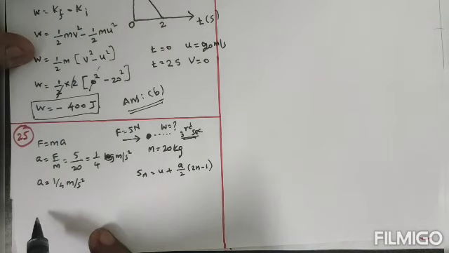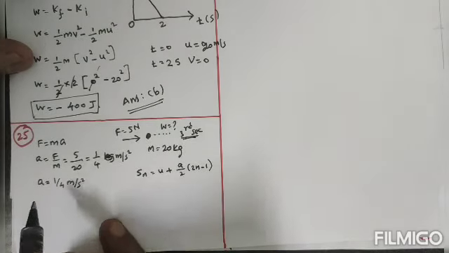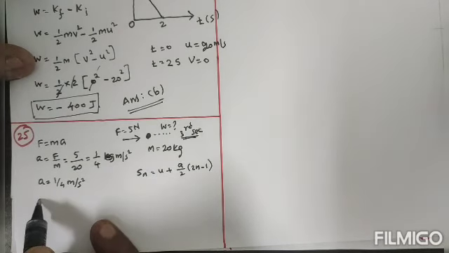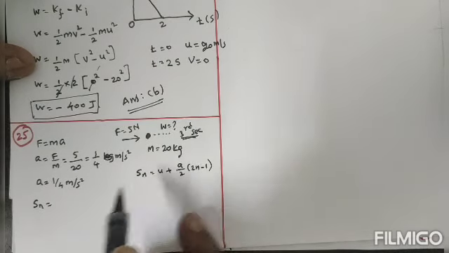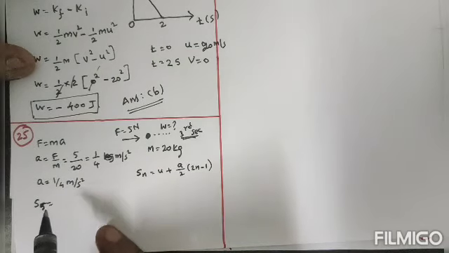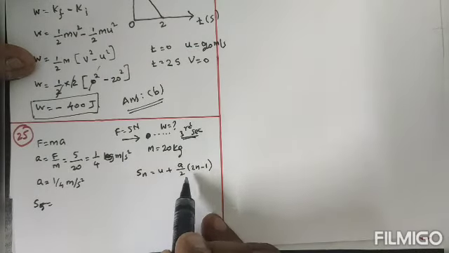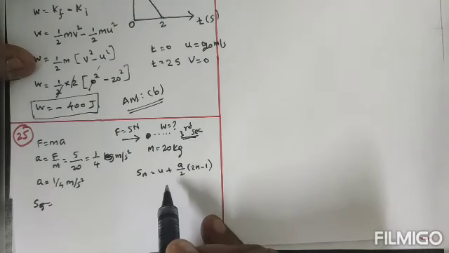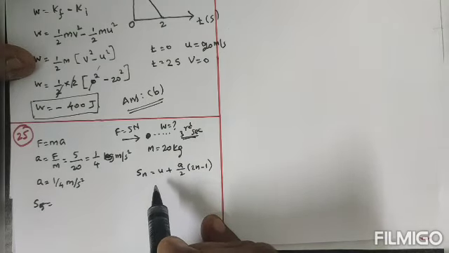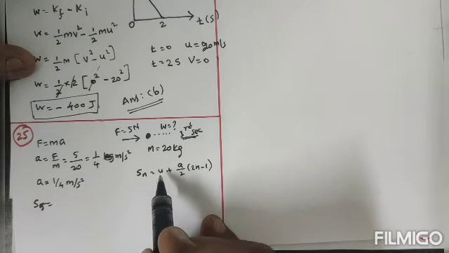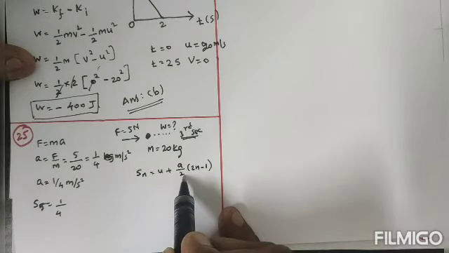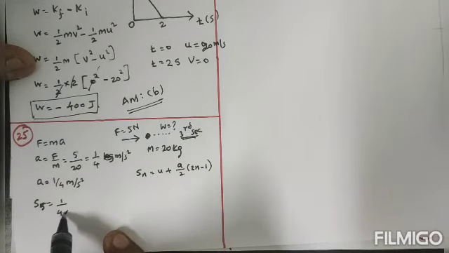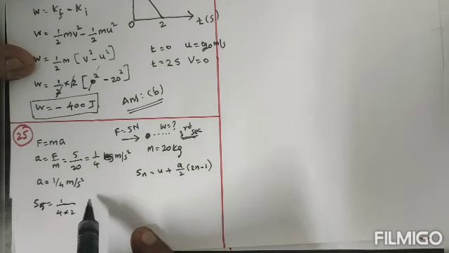So now we can apply the nth second displacement formula, that is Sn is equal to U plus A by 2 into (2n minus 1). Here instead of n we write the required second. The U value, initial velocity, is 0, because in the question itself they mention the particle is initially at rest. So plus A by 2, A value 1 by 4, divided by 2, into 2n minus 1.